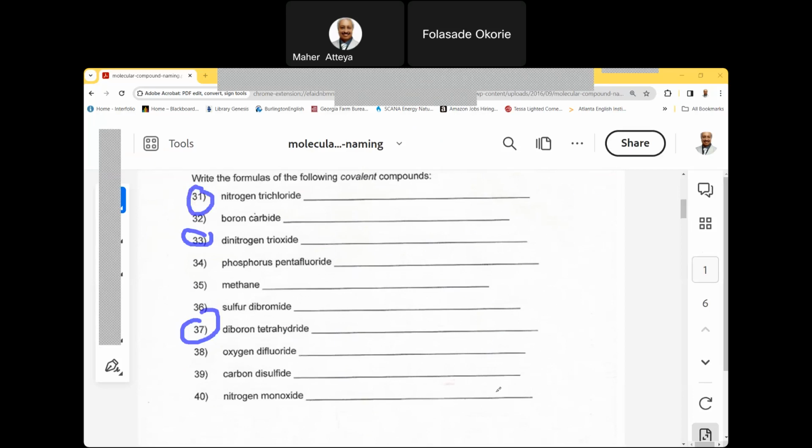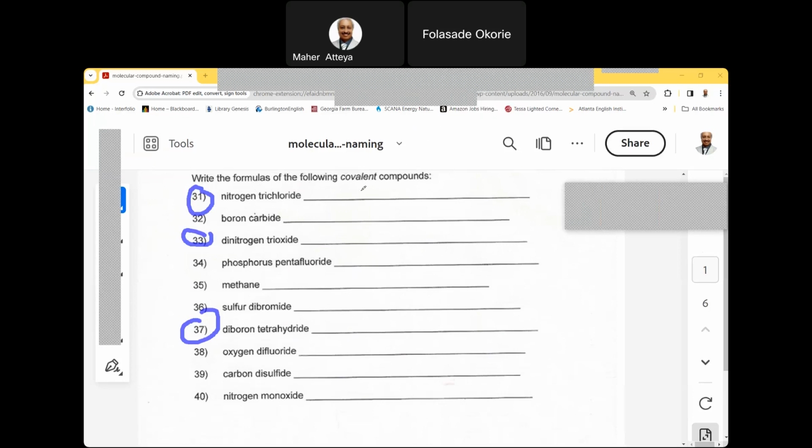I'm taking a snapshot of them so I know what I asked, and then write me the answer in the chat. Or you can write me the answer.